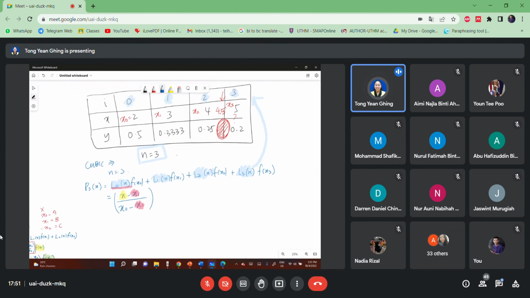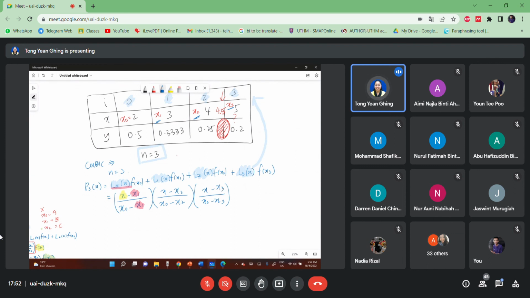Remember, now we have X0, X1, X2, X3. So start with X0 minus X1. Besides X1, what else is there? We still have X2. Now X0 minus X2, X minus X2. And besides X1, X2, we have X3. So X0 has to be minus X3. So this is X minus X3.